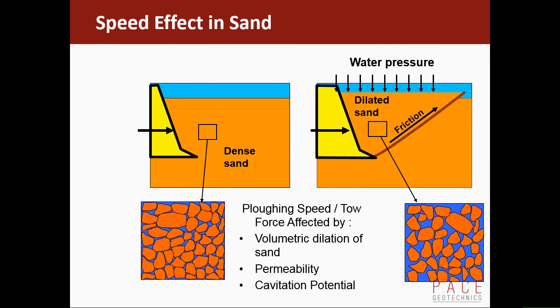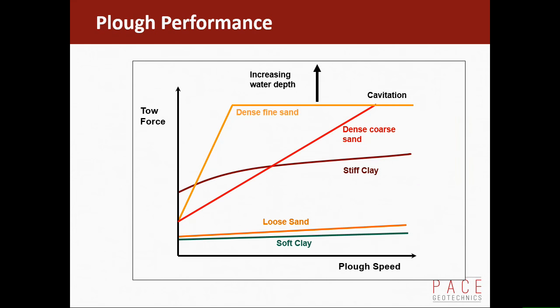So an analogy is, if you walk down the beach on dry sand, air can flow very easily through that sand when it's dry, so it moves around. But once you get onto wet sand, it feels quite hard. And you see that with a plough. So ploughing in sand is a difficult thing to predict. And you end up with these two curves.